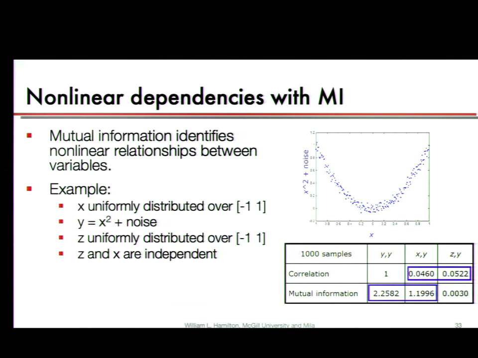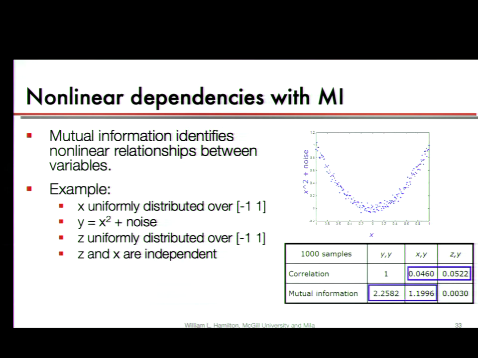And why is this good? Well, here is a little example where we have a nonlinear relationship. We have that y is basically x squared plus some noise. Now, if we computed the Pearson correlation, the standard correlation, the R value, as people sometimes call it, between x and y, we would get that they're almost uncorrelated.